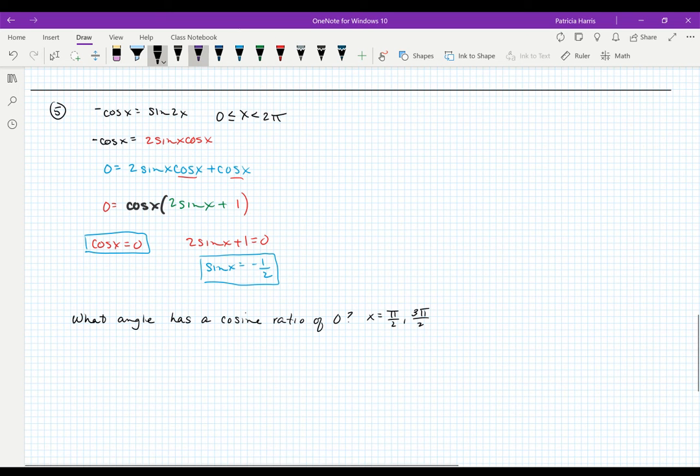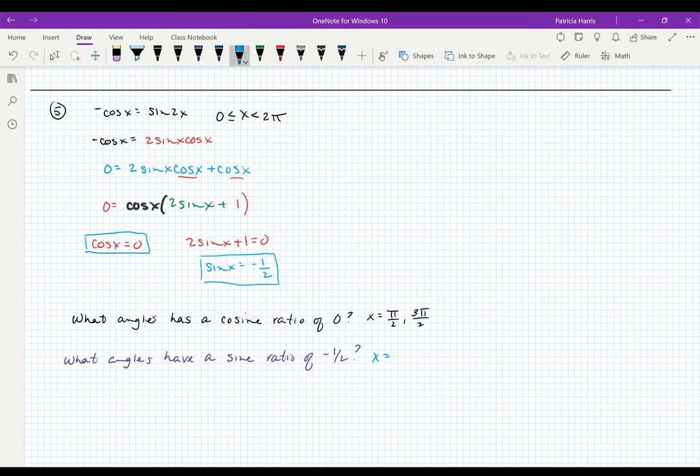The second question we need to answer is what angle or angles have a sine ratio of -1/2.